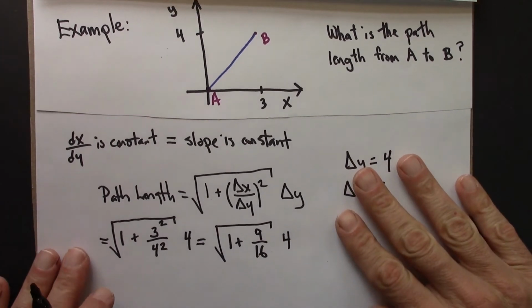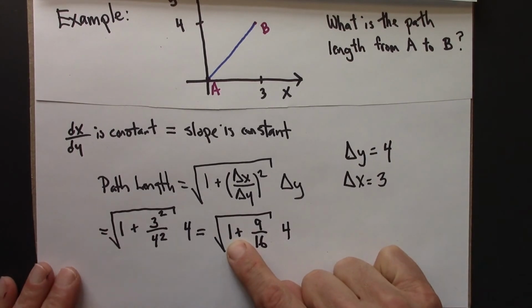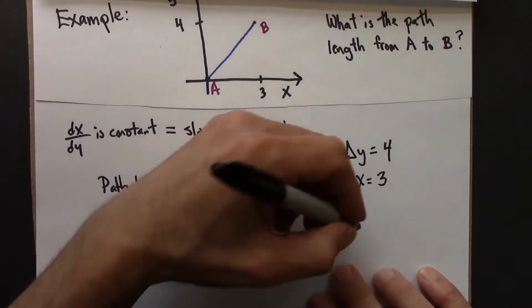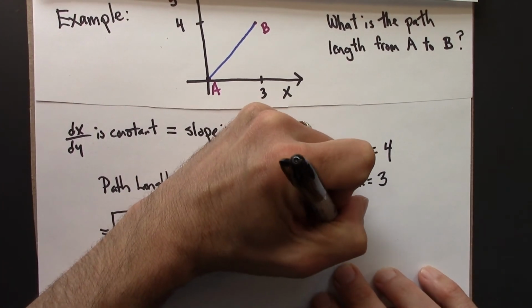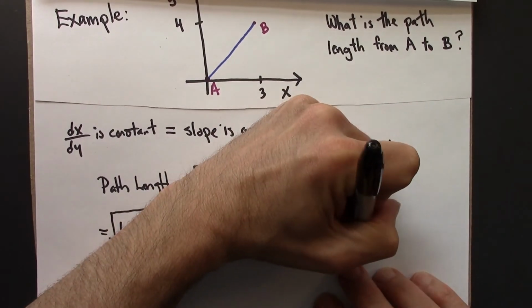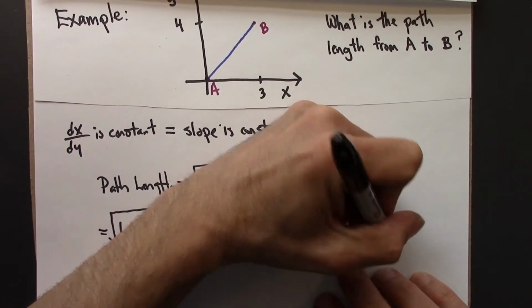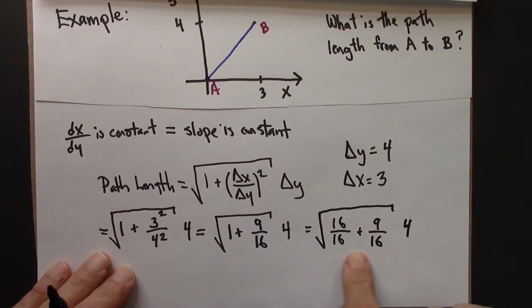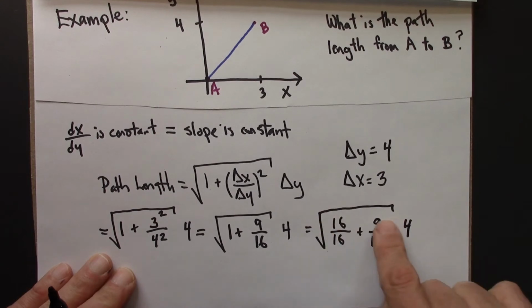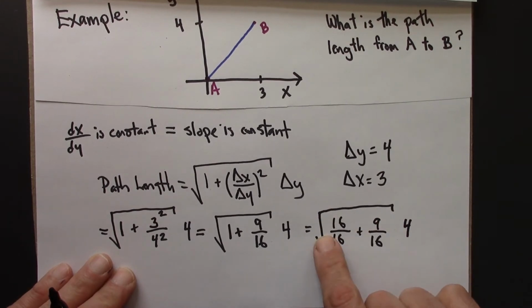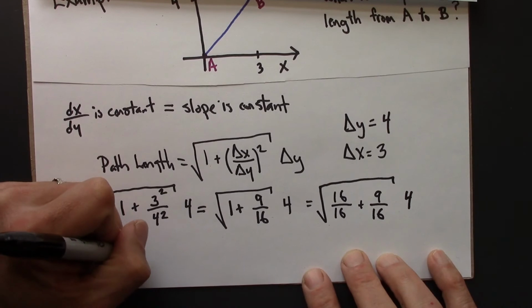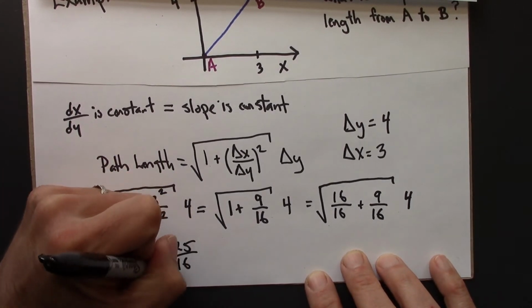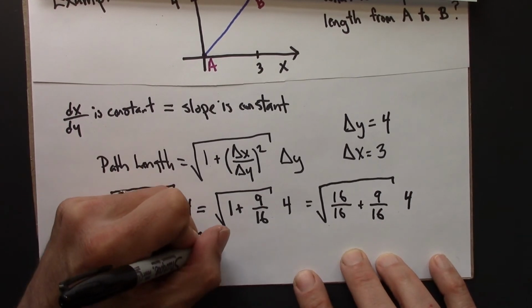In order to add fractions, we're going to have to put this over a common denominator. So I can write 1 as 16 over 16. 16 over 16 plus 9 over 16. Aha, and now that I have 16 downstairs, I can add these up top. 9 plus 16 is 25. That's a nice number. 25 over 16 square root times 4.